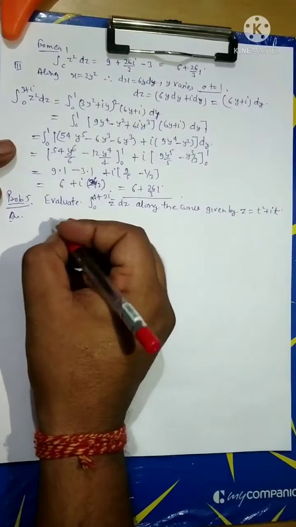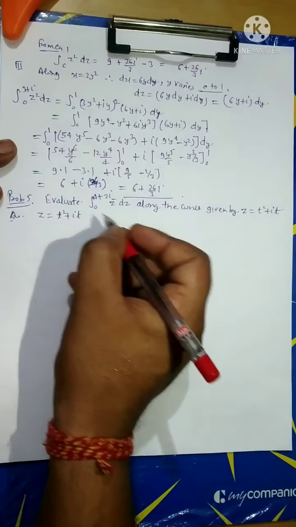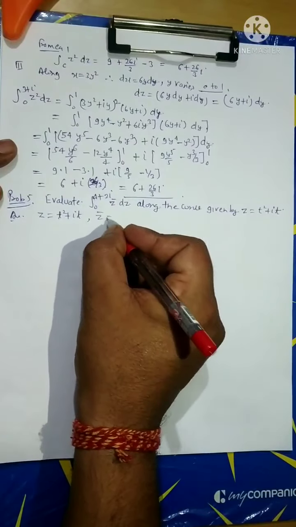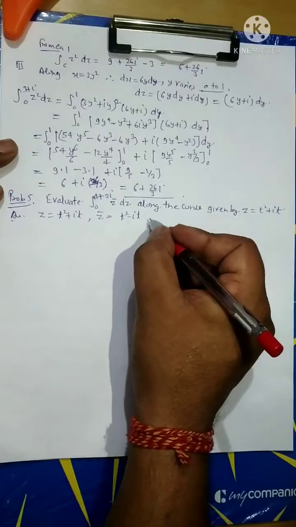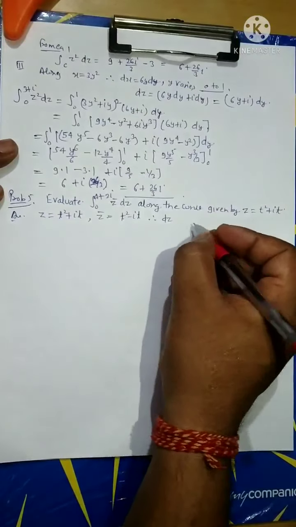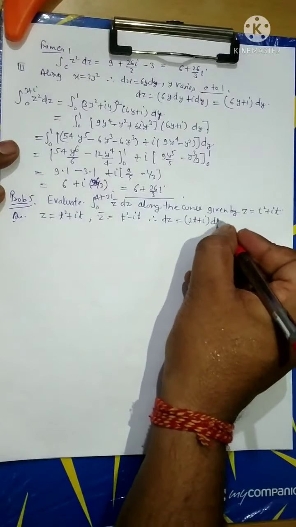Answer: z is equal to t square plus it, that is z bar is equal to t square minus it. Now dz is equal to (2t plus i) dt.